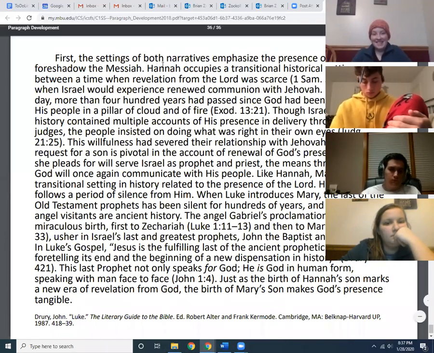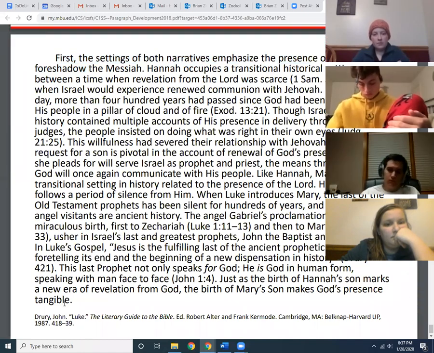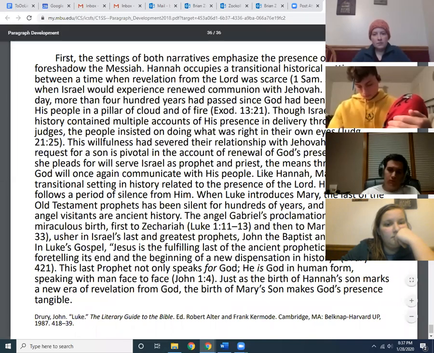Now, here I would say is not something I'd love to see when you write, but if you're going to follow up the first with a second, or a "moving on," or another transitional phrase in the next paragraph, that would be okay. "First, the settings of both narratives emphasize the presence of the Lord and foreshadow the Messiah."